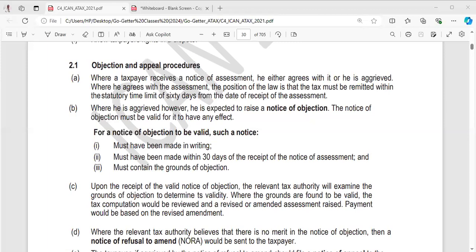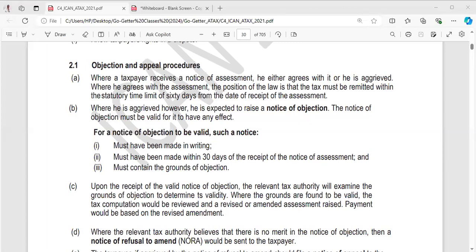So if he agrees with the assessment, the position of the law is that that tax that has been agreed upon by both the tax authority and the taxpayer will be remitted within a statutory time limit of 60 days from the date of receipt of that assessment.